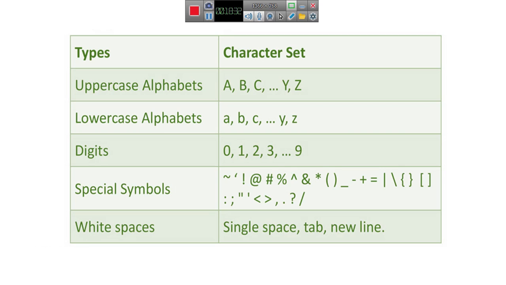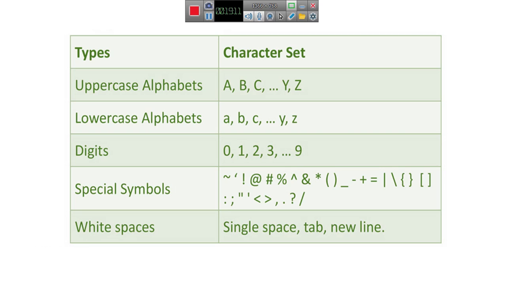And digits 0 to 9. And the special symbols, the first one, see this one, is called a tilde symbol, exclamation, at the rate, hash, percentage, like that. These are all the symbols used to write a C program, including white spaces, that is a single space, tab, new line.